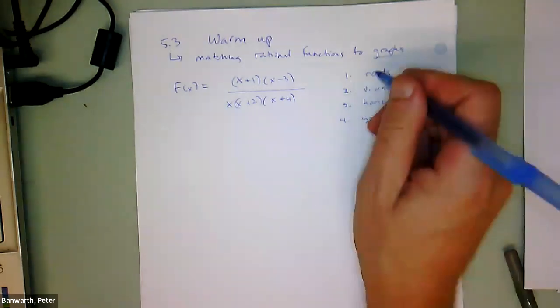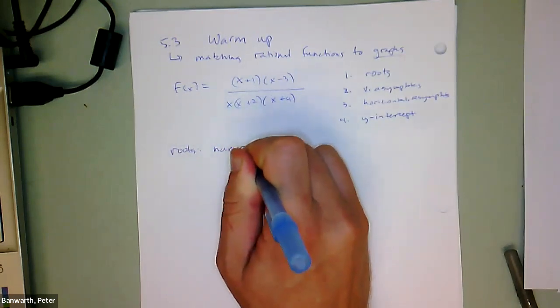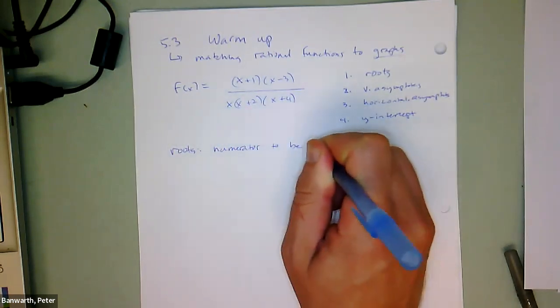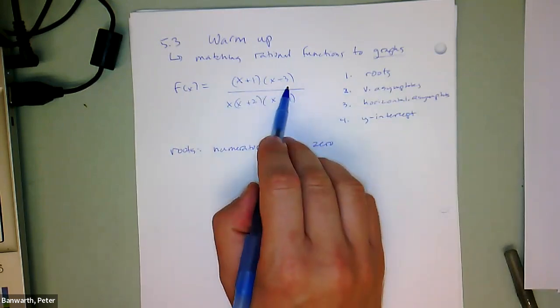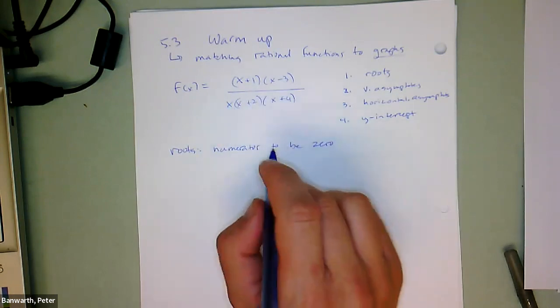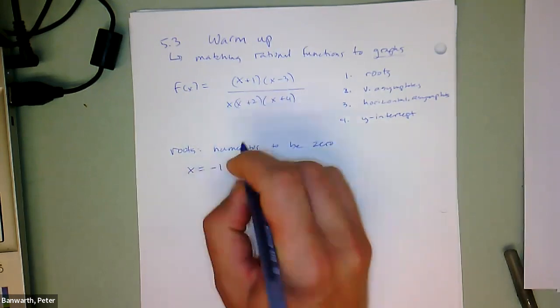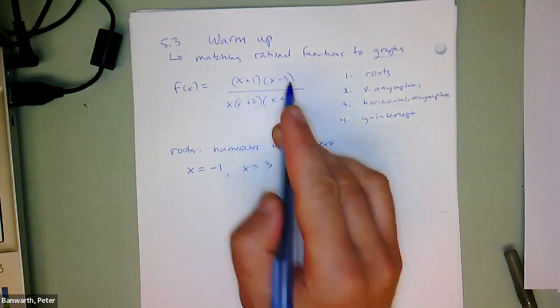Okay, so first of all, for the roots, we want the numerator to be 0. Because if it's 0 here, then multiplied by anything else, it's still 0. So our roots are x equals -1 and x equals +3.